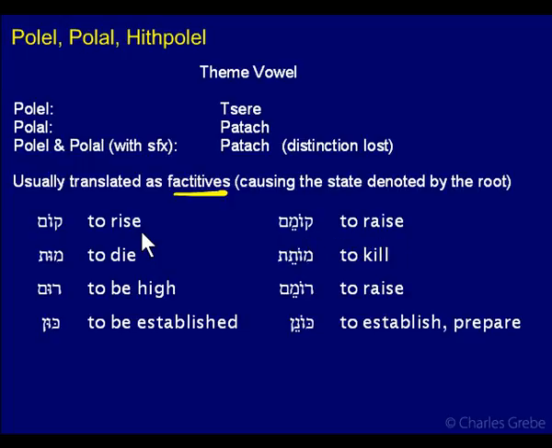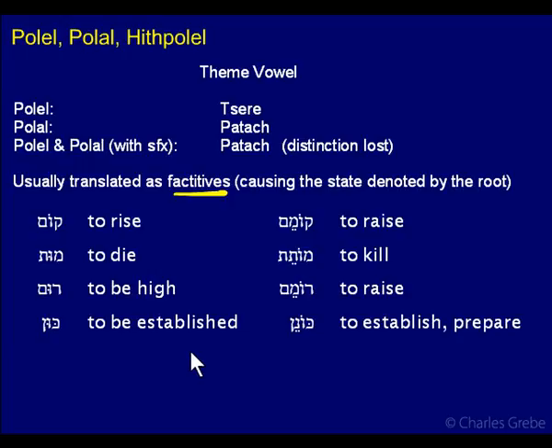So to cause the state, to rise, to cause to rise is to raise. Mut is to die, and to cause that state of death is to kill. Motate. Okay, so factitive. To be high, to cause something to be high is to raise. Now it happens to coincide with this one. To cause to raise or to cause to be high is both to raise. Romeim. Okay, so that's a polel acting as a factitive.